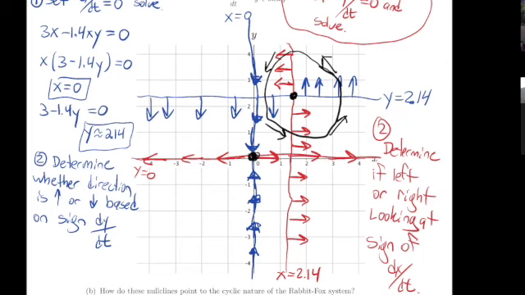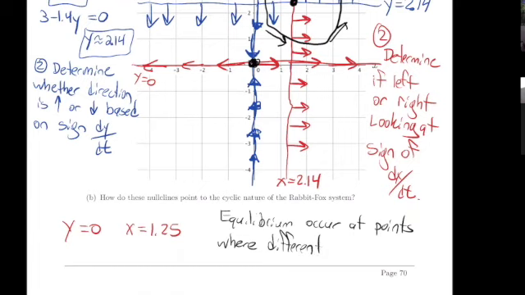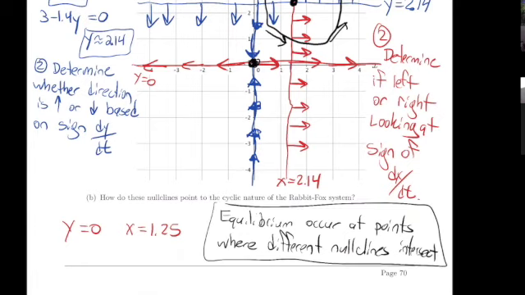And the thing you want to be careful about here is that equilibria occur at points where different nullclines intersect. That's the caveat: they need to be different.